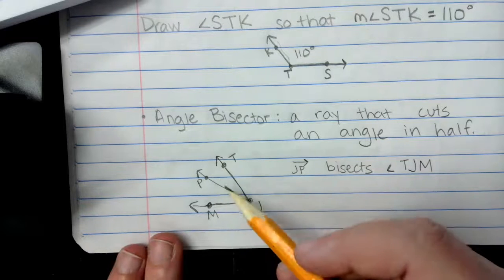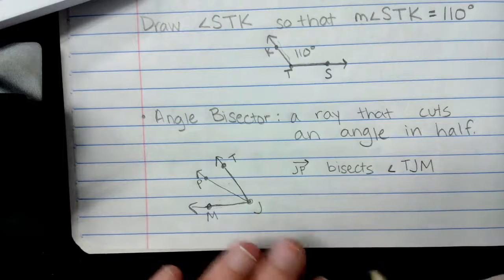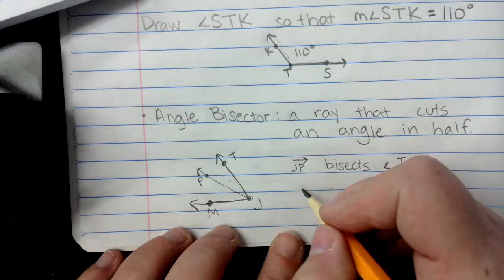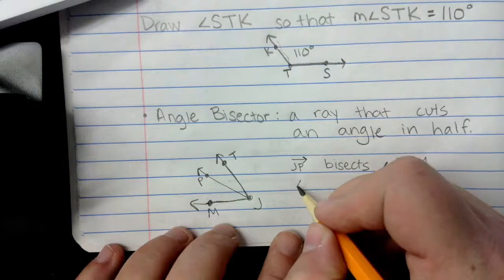What do we know about this angle and this angle? They're going to be the same size. And in geometry, when we say same size, what's our word that starts with a C? Congruent. So let's name them.